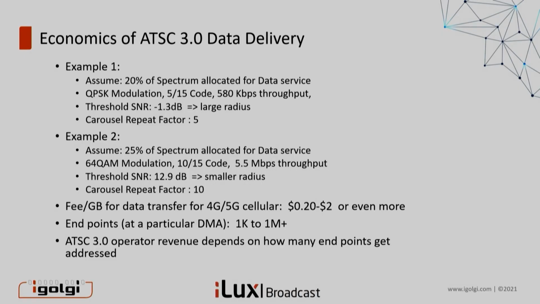Today it is well above $2, in the $2 to $2.50 range per gigabyte of transfer. And the number of endpoints in a DMA, to remind everybody, could be anywhere from 1,000 users to 1 million users inside a single DMA. So what we will see is that ATSC3 becomes extremely efficient if you're delivering to a lot of endpoints within a DMA.